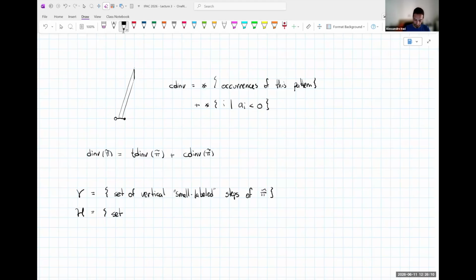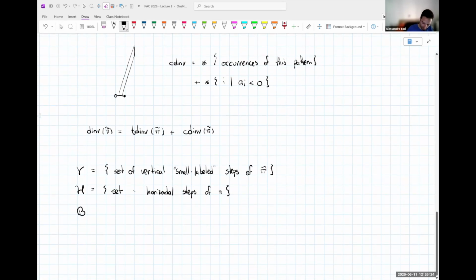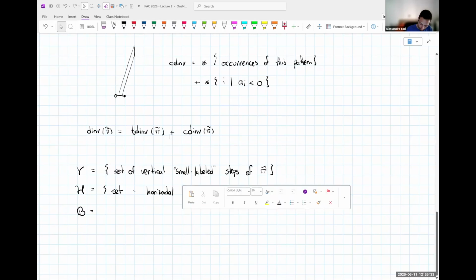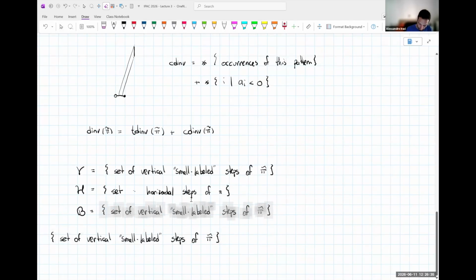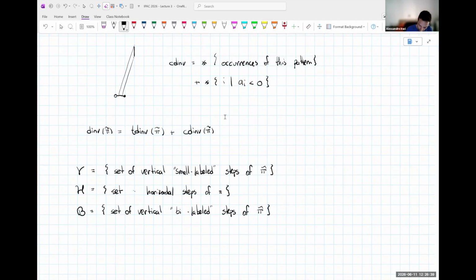Okay, so we call H the set of horizontal steps, and I think we call B this stuff here.